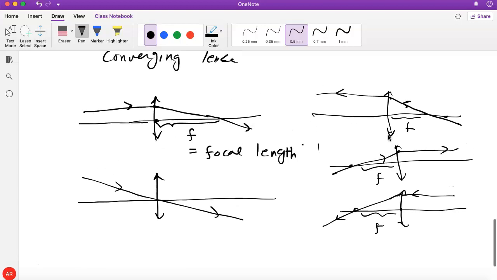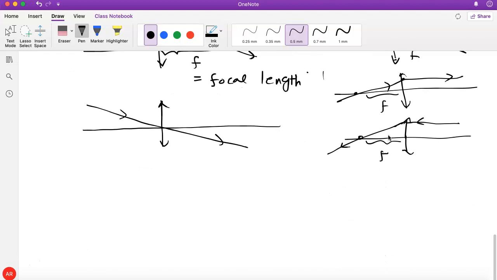A diverging lens looks something like that. So I draw it once like this, and then I draw it like that.